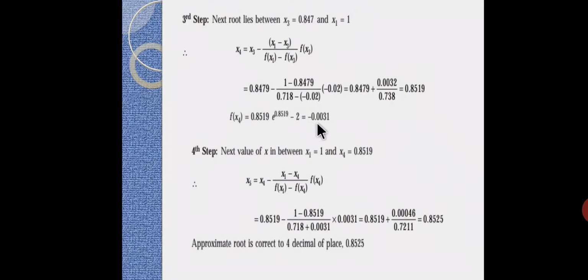We get f of x4 is equal to minus 0.0031, which is negative. Here at 0.8519 the value of f of x is negative. So here 0.8519 replaces the negative root, that is 0.8479. Therefore the root lies between 0.8519 and 1 for the next iteration.